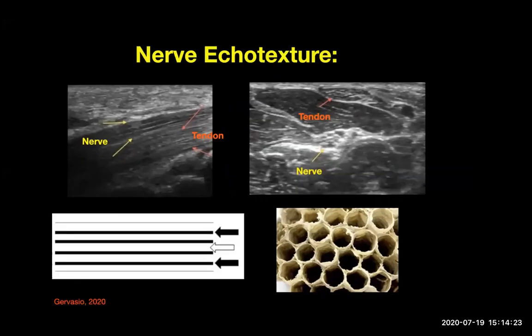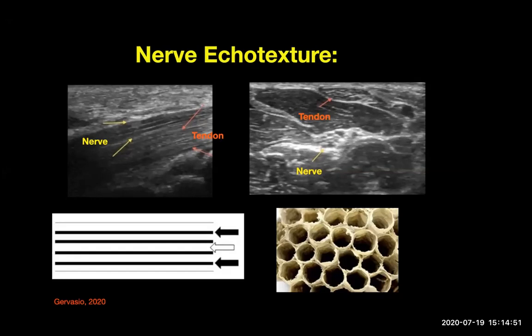Then of course, in both short and long axis, we can characterize how a nerve and a tendon look like. Now, it's sometimes very difficult in the beginning to distinguish what a tendon and a nerve looks like. But usually tendons are echogenic. They're usually more white.